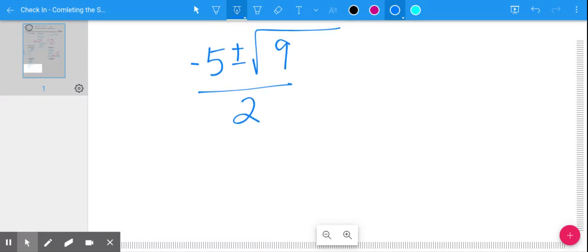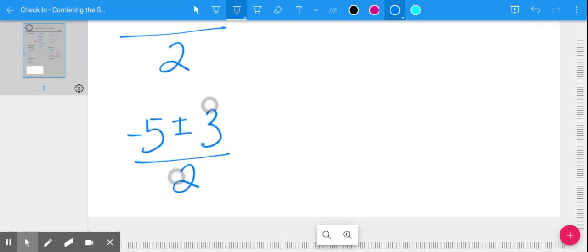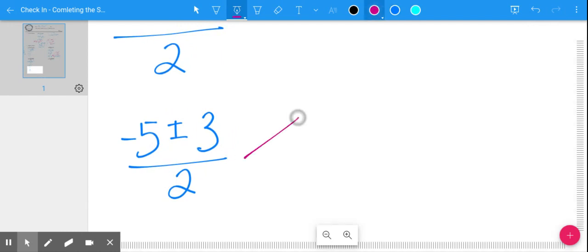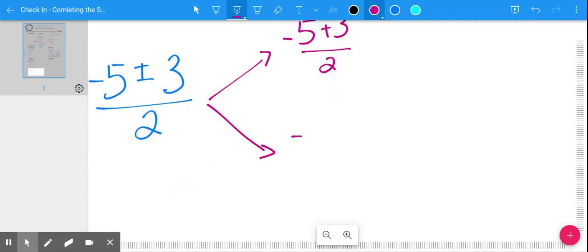So we'll have simplified again. Negative 5 plus or minus the square root of 9 is 3 all over 2. And guys, this is where we have to write this as 2 separate problems, just like we have been with the plus or minus. So we'll have negative 5 plus 3 divided by 2, and then negative 5 minus 3 divided by 2.